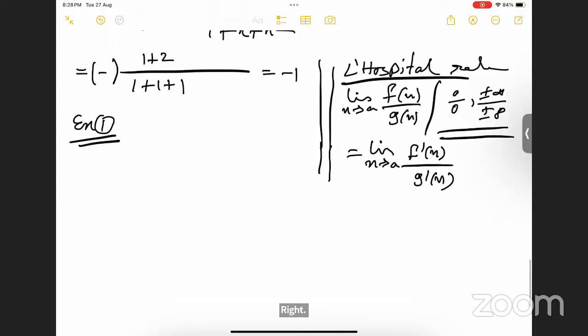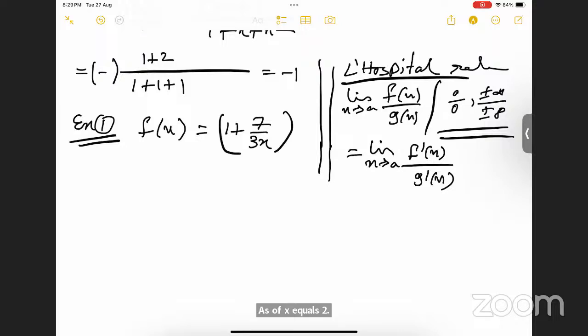Okay, so in the next exercise, you have to apply L'Hopital's rule. This is a hint for you. For now, let us assume there is no formula. Just try to solve this one. f of x equals 1 plus 7 by 3x, to the power x.